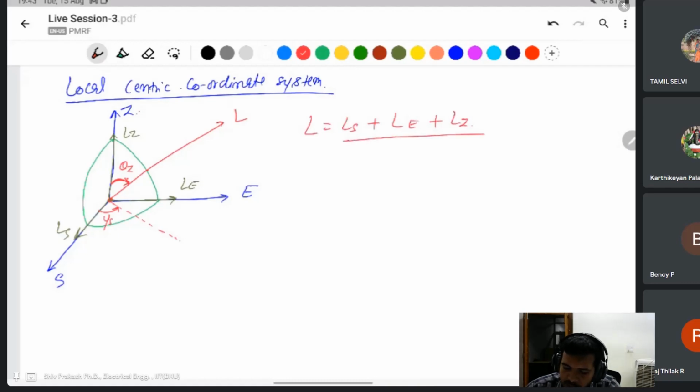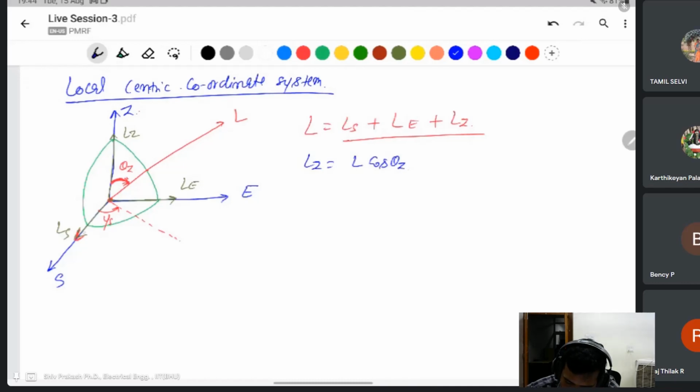Total of this. Then what will be the south insolation? This angle will be theta z. Then LZ will be L cos theta z. Okay, see, first I wrote LZ is L cos theta z.